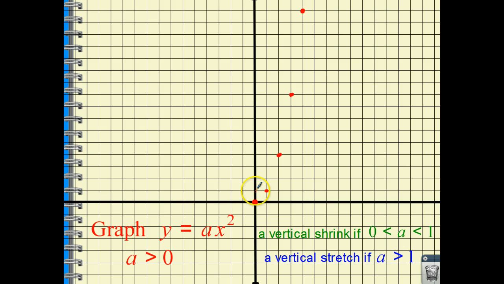We were 1 over, we go 1 to the left. We were 2 over, we go 2 to the left. 3 to the left. Thanks to the axis of symmetry, we have just graphed the parent equation again.